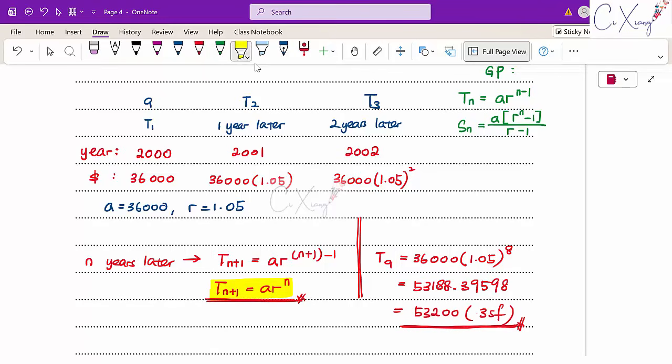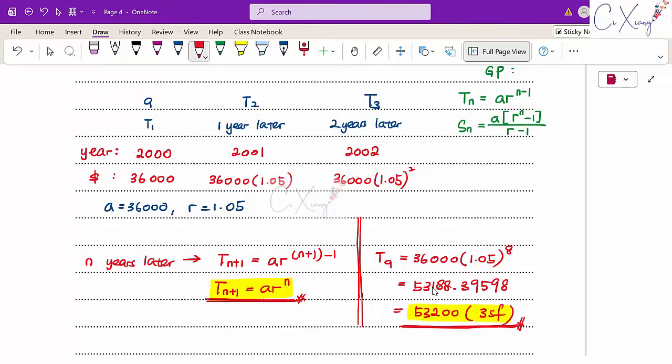Okay, all right, so for this question, I think the confusing part will be the sentence that they are using and also the symbol that we are using here. So there might be some students who feel confused, like, why is it the n plus 1 term but not the n term? All right, because for n years later, if you write out all the description in the question, the correct symbol should be T n plus 1, but not T n.